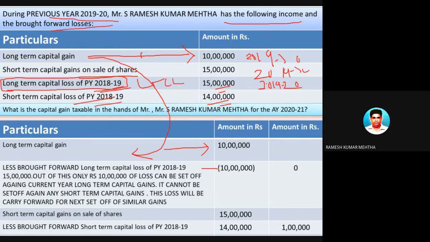Out of this 15 lakh rupees of capital loss, we are able to set off only 10 lakh rupees against the long-term capital gain, because the long-term capital gain is 10 lakh rupees.